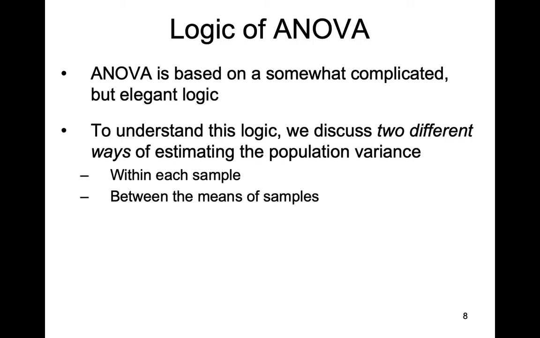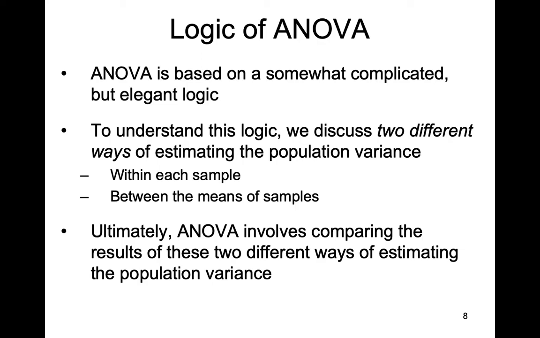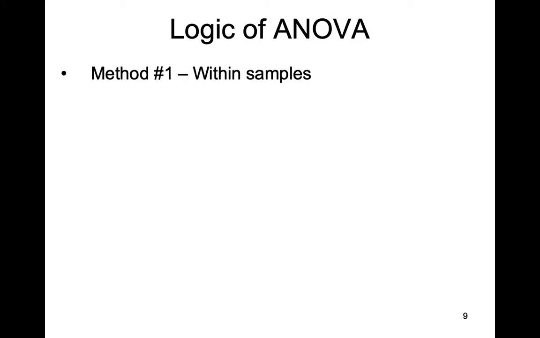So what you should have in your mind is that we're using two different methods or two different techniques as a way to estimate the same thing, the population variance. Ultimately, what our analysis of variance does is compares the results of these two different ways of estimating the population variance.